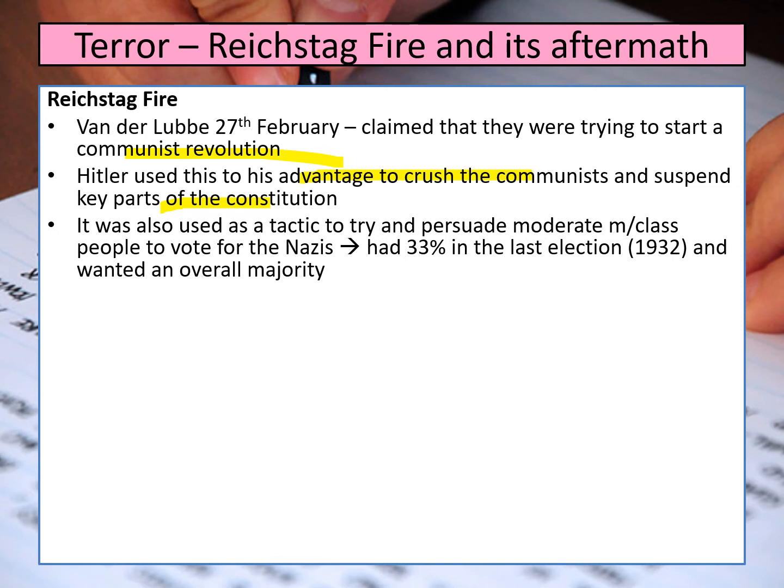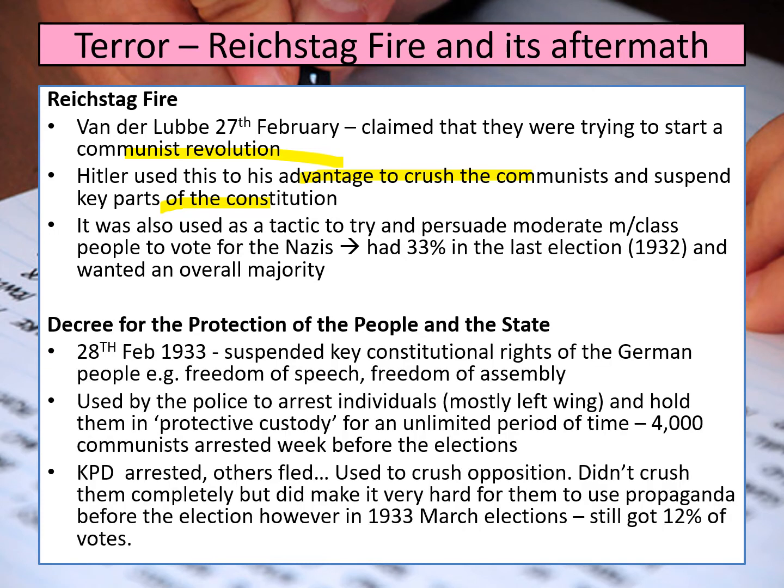Think about the anti-communist feeling and hysteria that there was even before the Nazis actually came to power. And so you can imagine that this would play into those ideas that have already been circulating for a while.